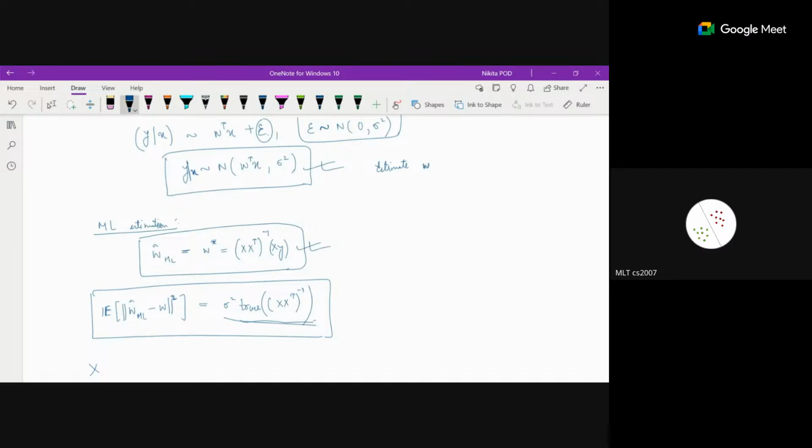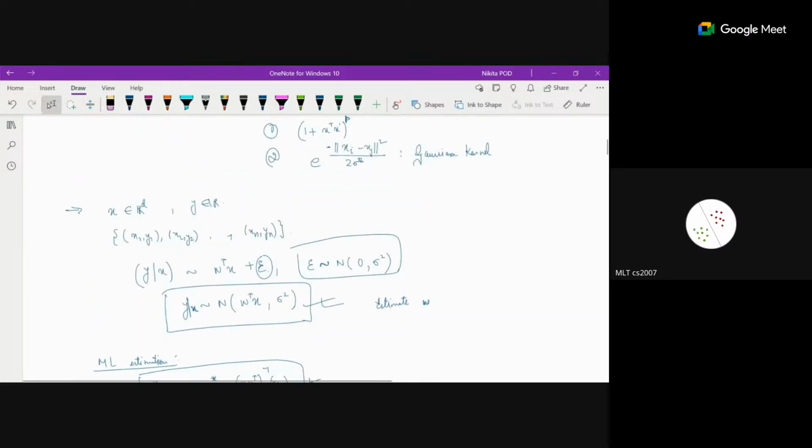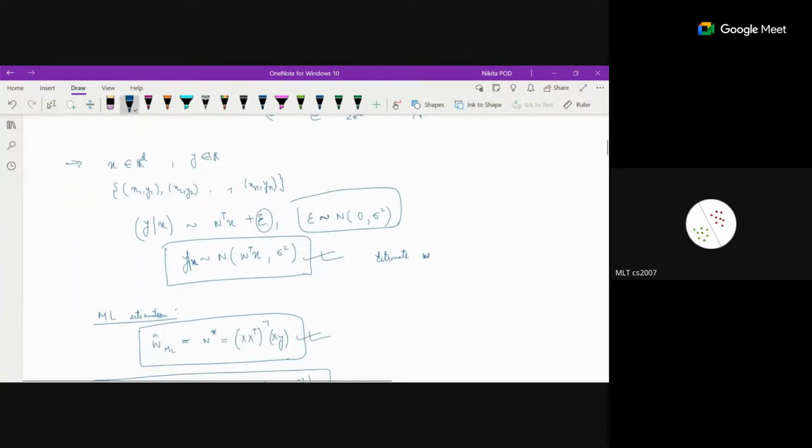But how the data generation happens is not required here.